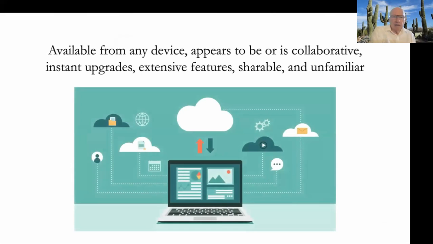So what about online? Well, online programs are available from any device. And you'll see my bias here, which is obviously towards being online, but basically having it available to me on my phone, on my laptop, and on my desktop at home, or anybody else's computer for that matter.